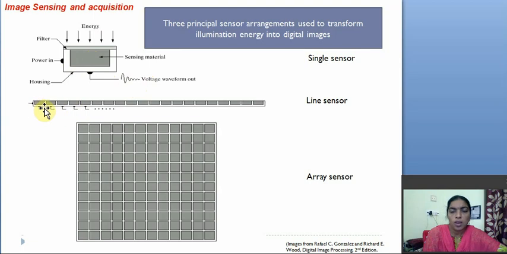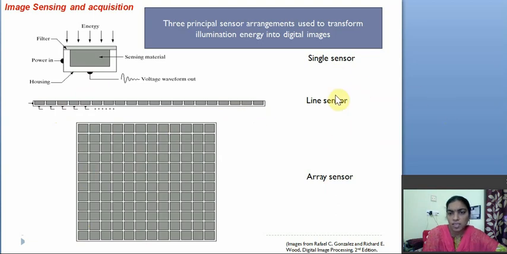If you take this type of sensors in one line, that is said to be a line sensor. If you take the same sensors in this manner, that is said to be an array sensor. So how many sensor arrangements are there to transform light energy into an electrical signal or image? We have three.